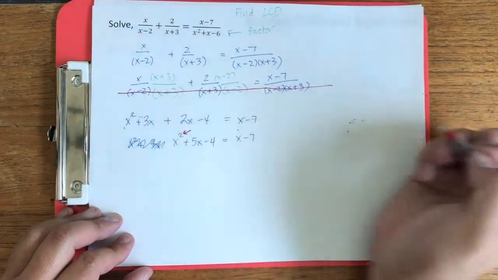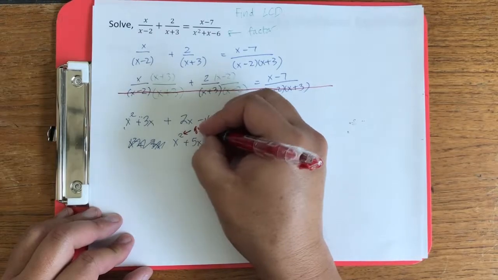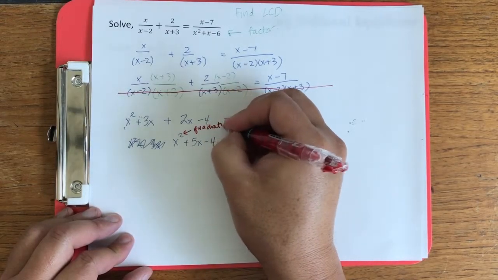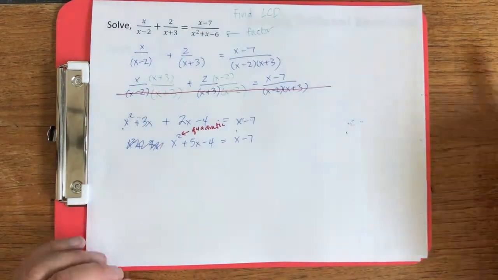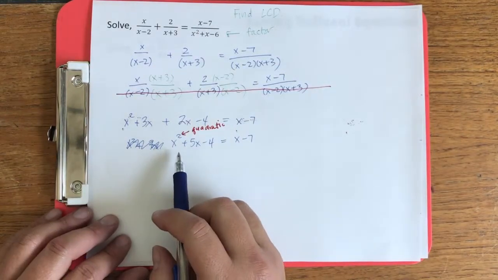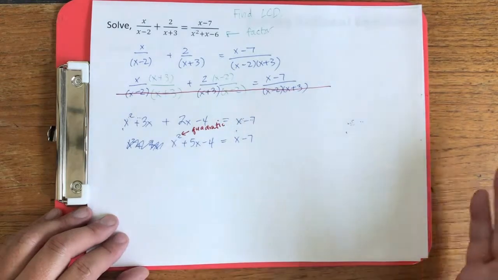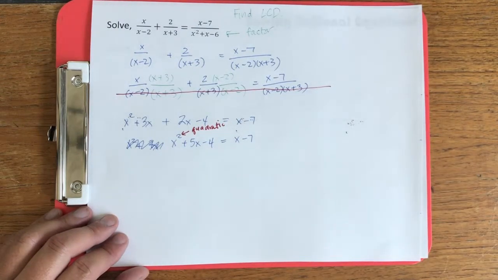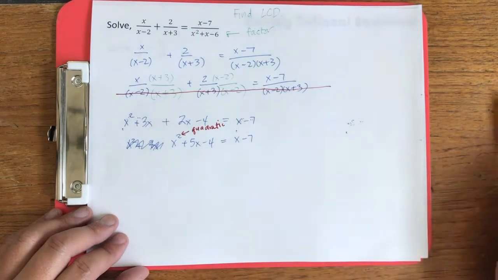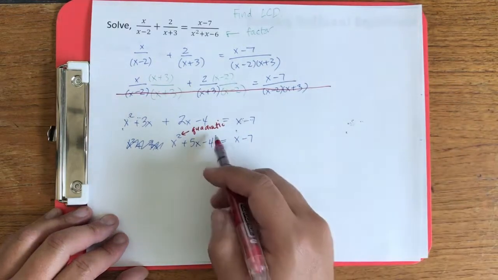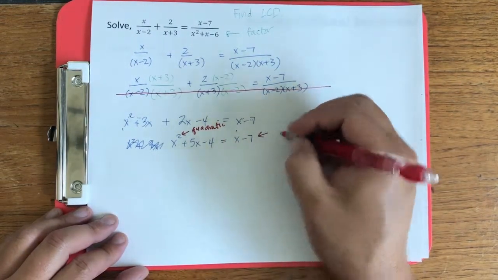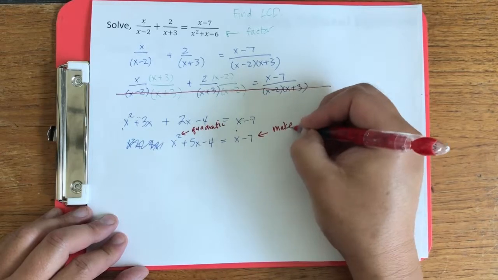That's degree 2, right? The only way to solve something that's a quadratic is to make one side equal to 0 and then to factor. So because that's a quadratic, we have to make one side equal to 0.